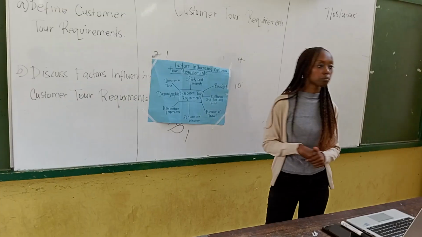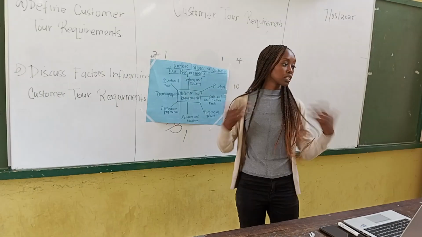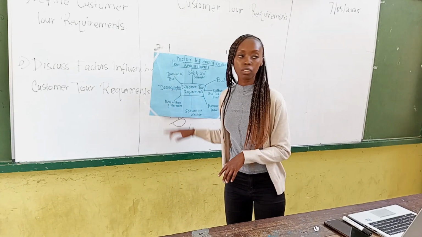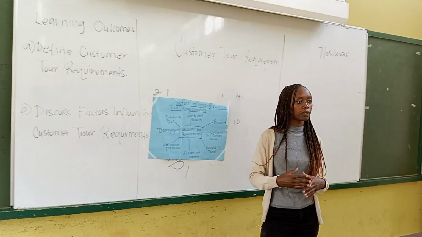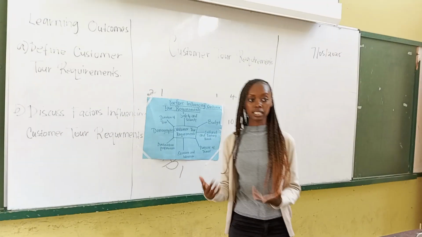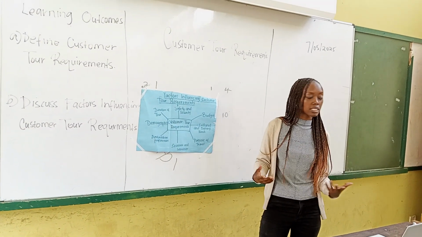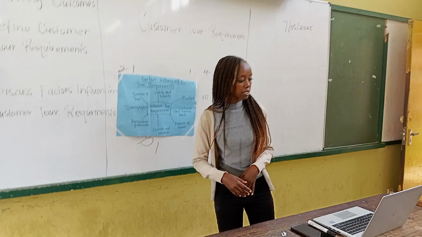Then we have destination preferences. Each of us has our own specific preference for where we want to visit. And then we have the demographics, which is like age, race, culture, etc. And different demographics require different requirements. Is that correct? Yes.